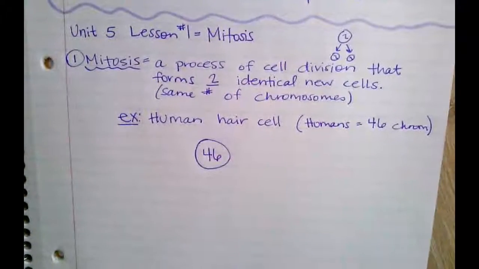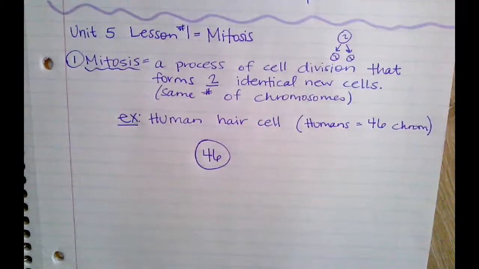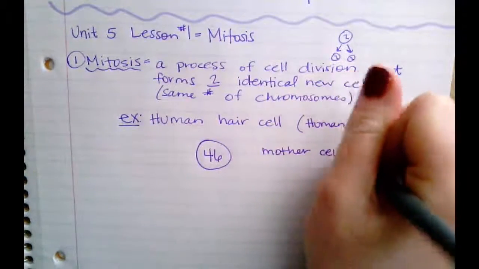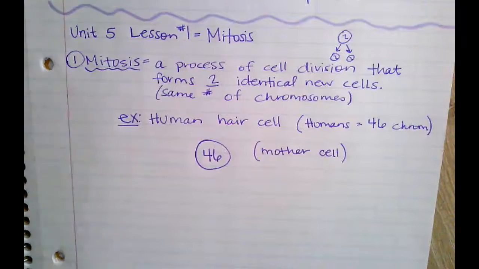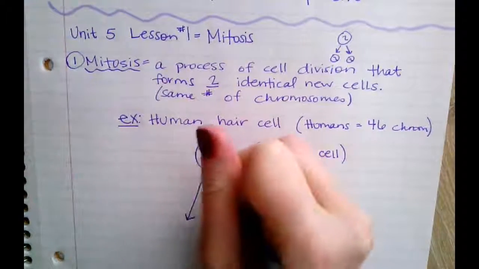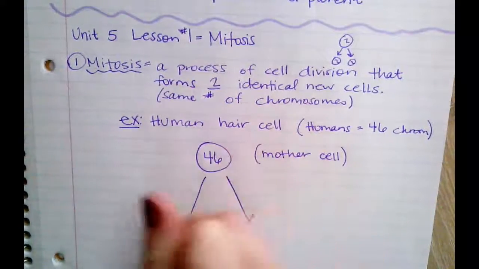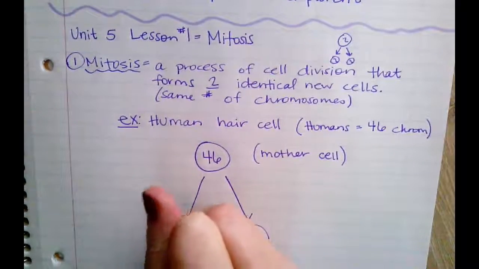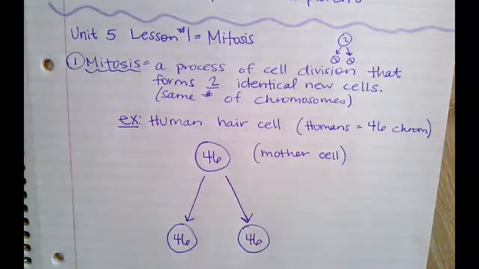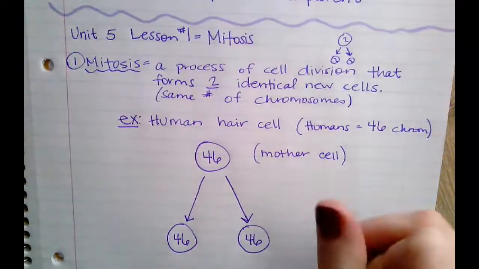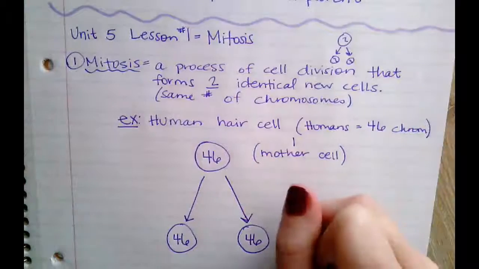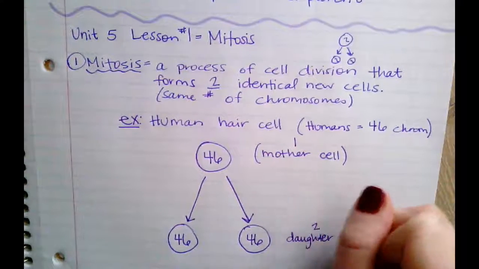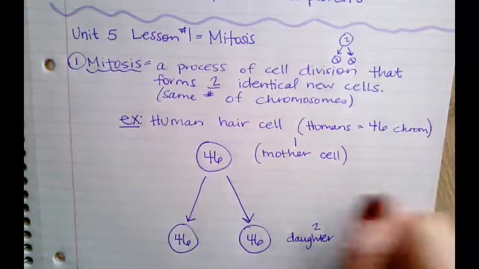If each hair cell has 46 chromosomes, we would call this the mother cell. That's the one we're going to start with. The mother cell is going to go through this cell division process called mitosis, and I'm going to end up growing, and it's going to multiply into two new identical cells with each 46 chromosomes. So we start with one mother cell, and then we come out with two daughter cells.